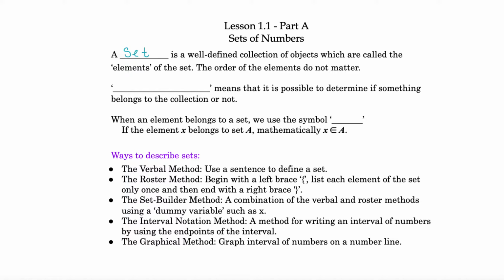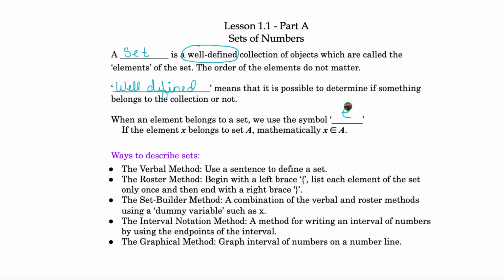Well, then what does well-defined mean, since well-defined is within the definition of our set? So well-defined means that it is possible to determine if something belongs to a collection or not. If an element belongs to a specific set, we're going to use this particular symbol.